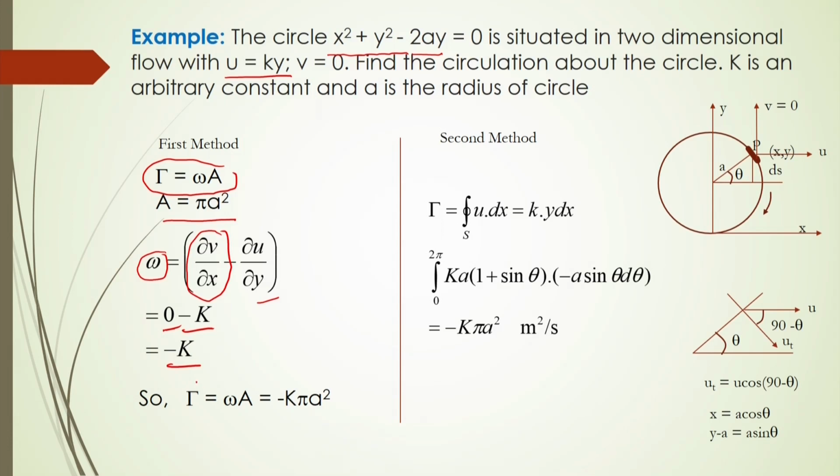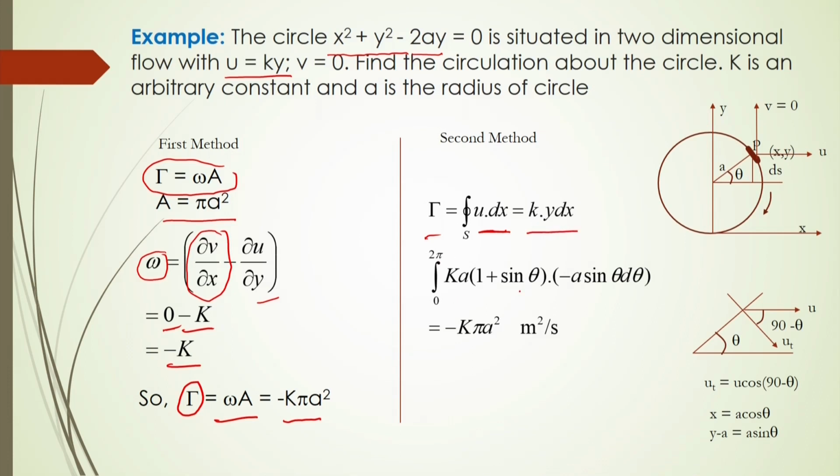So, the circulation gamma will be equal to omega into area, that is minus k into pi a square. Also, in the second method you can calculate another way: gamma equals the integral of u dx, because in the x direction you are getting that circulation. Here u is k y, so it is k into y into dx.